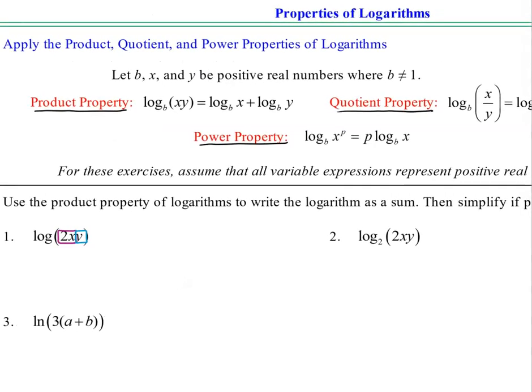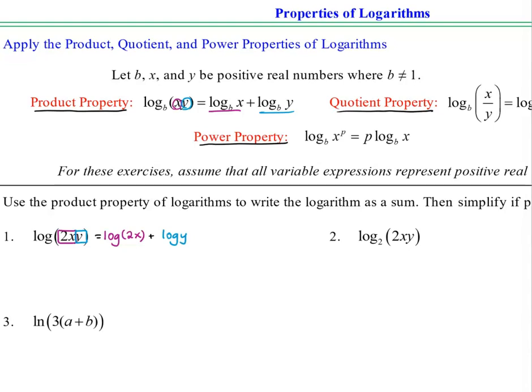What the product rule tells us is that if we have a product on the inside of our logarithm, then we can break that up into the sum of two separate logarithms. So we can break this up into the sum of log 2x added with log y.